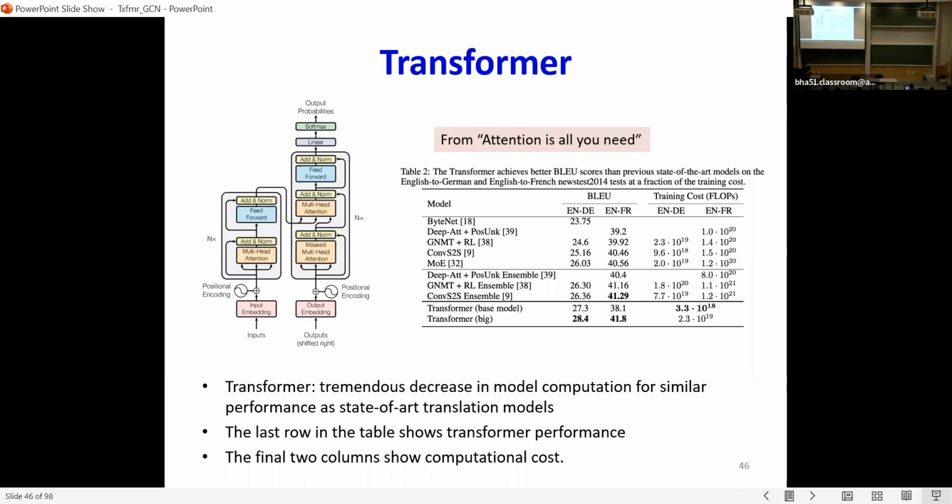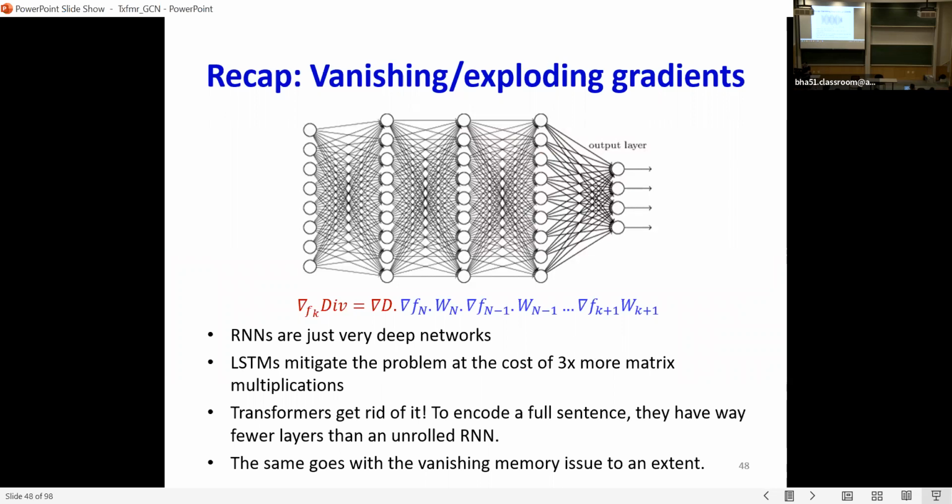When I say it's faster, it's by 1 or 2 orders of magnitude, depending on the model. Why is it so powerful and why does it compute so fast? One of the reasons is that it essentially fixes the vanishing gradient problem of the RNN that you have seen. An RNN, once you unroll it, is just one very, very deep network where the gradients of the last word are going to have to backpropagate up until the very first word. That's in the decoder, and then they backpropagate through the encoder as well.